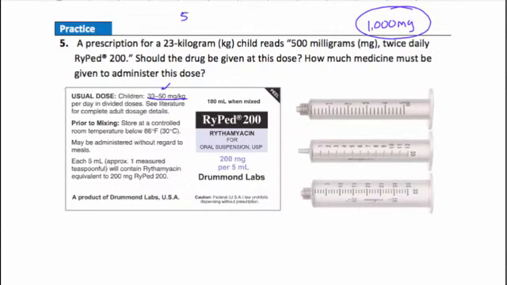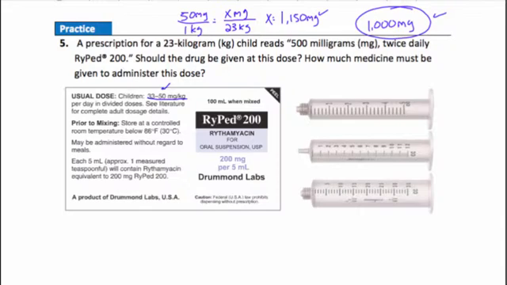So if I had 50 milligrams per 1 kilogram, and our child here weighs 23 kilograms, and then we want to know how many milligrams that's going to be. X is just going to be 23 times 50. So 23 times 50 gives us 1,150 milligrams of medication. That's the safe top threshold of medication. So our 1,000 milligrams a day is safe.